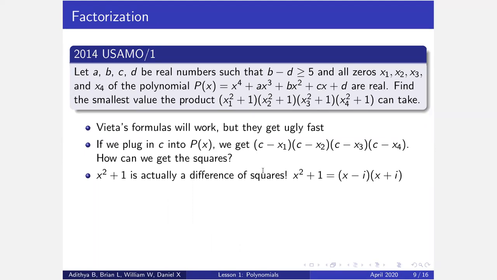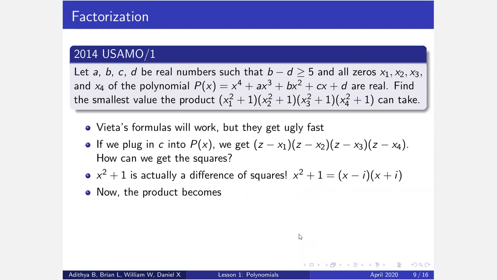So we can write it all as x1 minus i times x1 plus i times x2 minus i times x2 plus i times x3 minus i times x3 plus i times x4 minus i times x4 plus i, right?